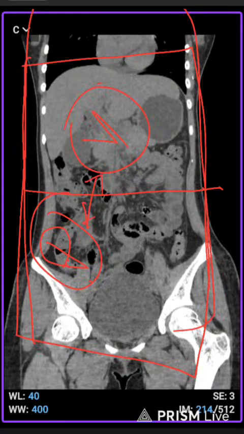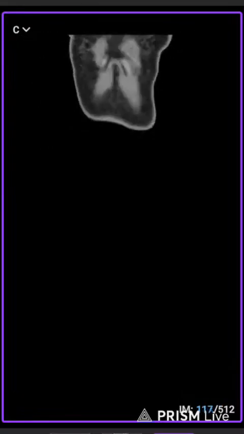Otherwise, the venous phase is a little bit late, like some type of delay in the scan. So you have to keep this in mind.